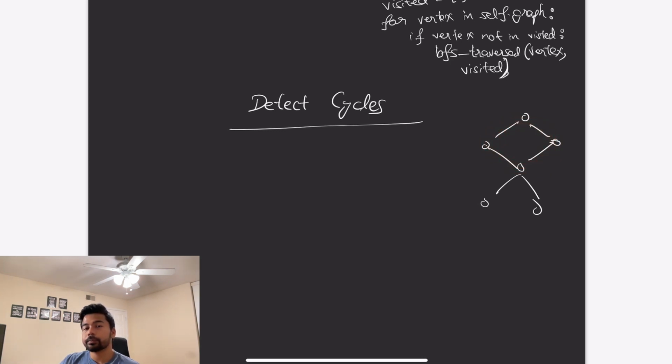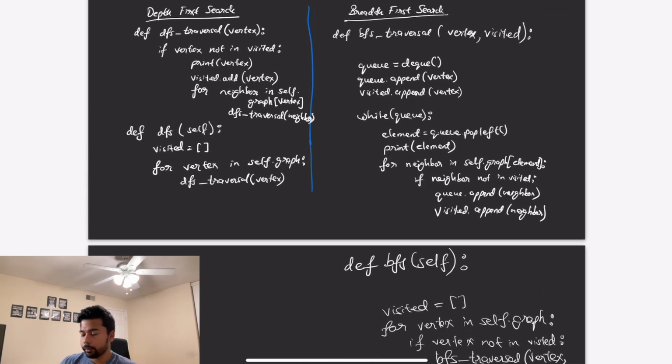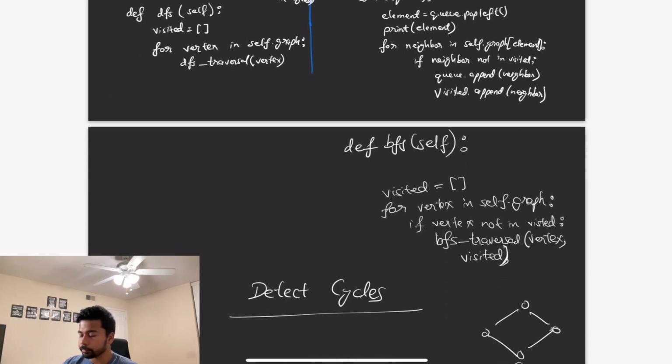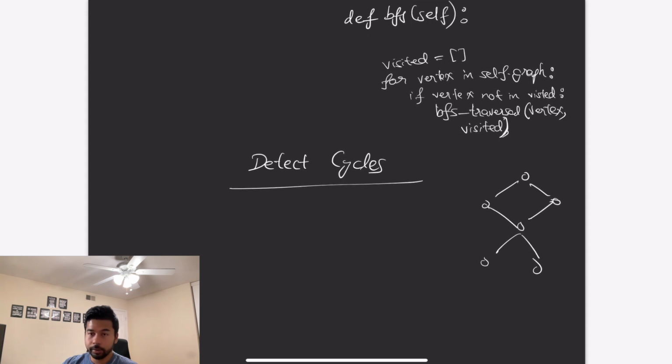Now you can navigate your way through a graph. You can explore a graph using BFS or DFS. So you can find a cycle in the graph using BFS or DFS.